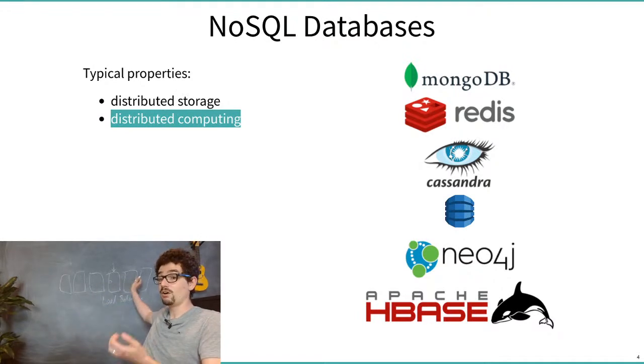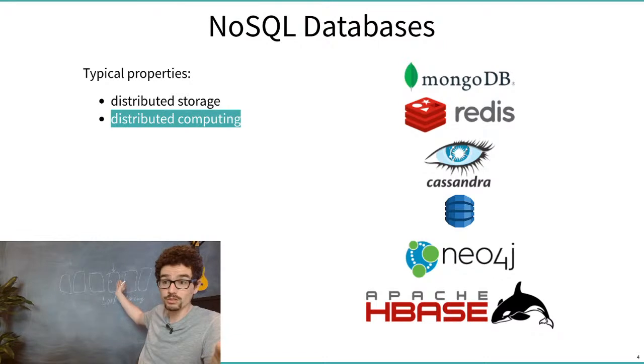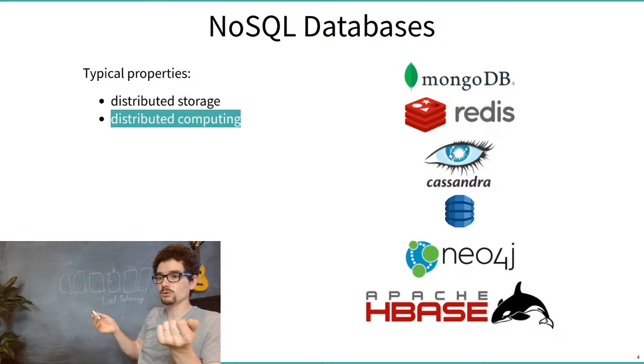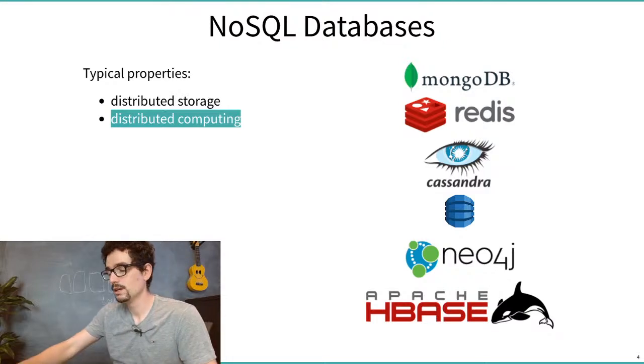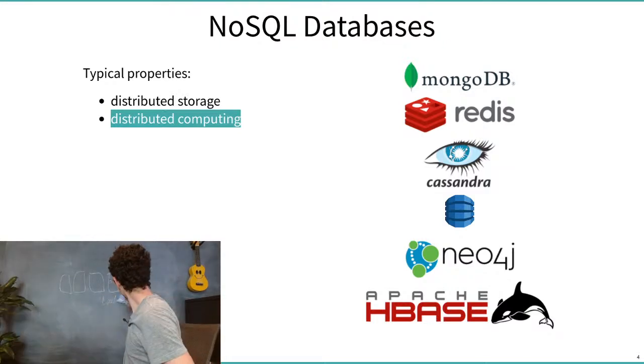But here, all machines have to help working on the answer, and they can do it in parallel. So that's the difference between distributed storage, just storing the data in a distributed way, and distributed computing: every machine helps answering complex queries.